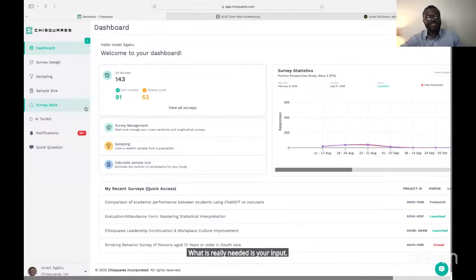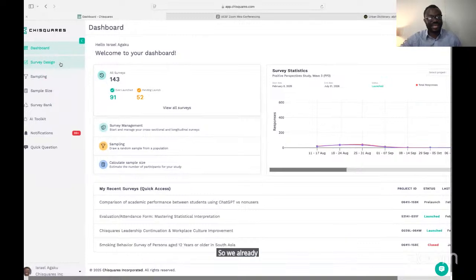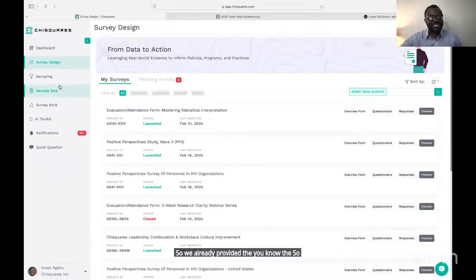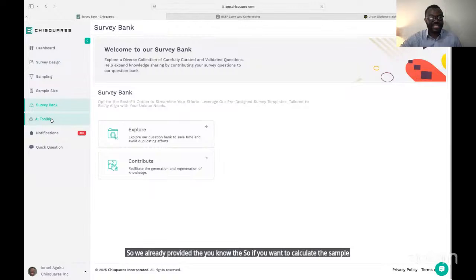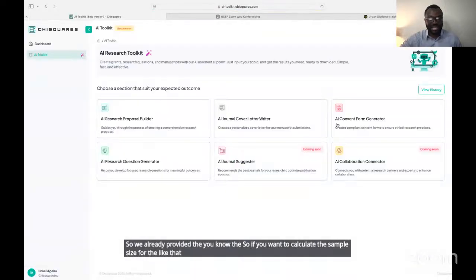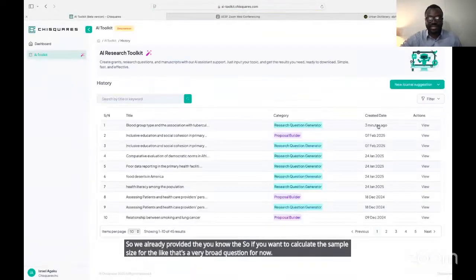You have to figure out what you want to answer, what you want to ask, and then proceed with that. If you want to calculate the sample size, that's a very broad question for now, right? So let's look at this.